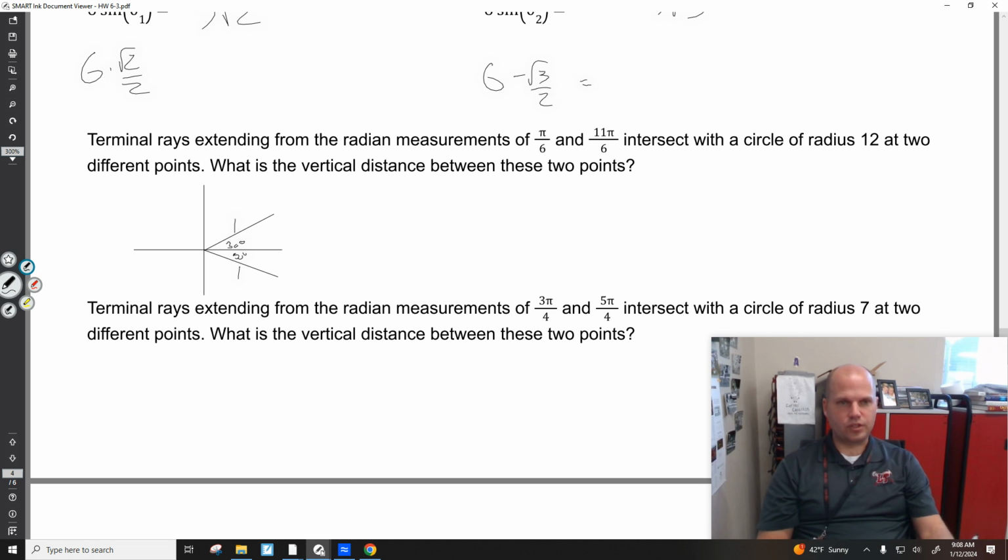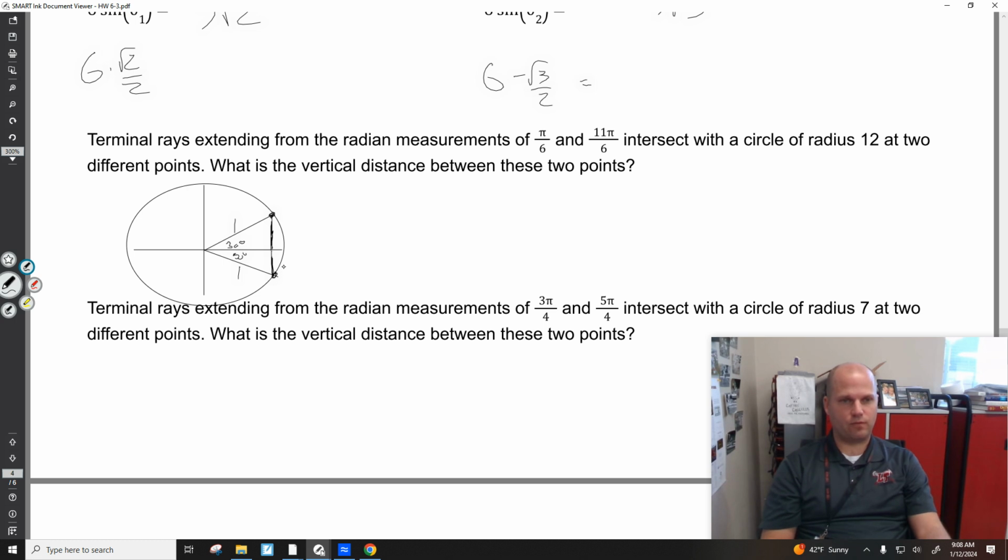What is the vertical distance between 2 points? So like we're intersecting a circle and we're finding a vertical distance. Well, the vertical distance is going to be this distance plus this distance, or this distance minus this negative distance.